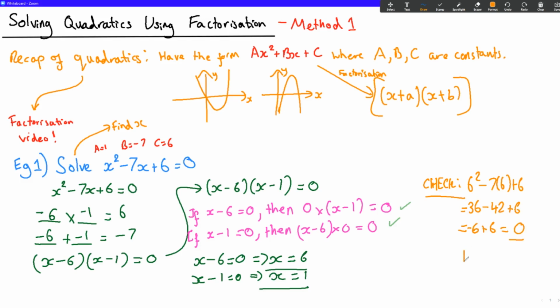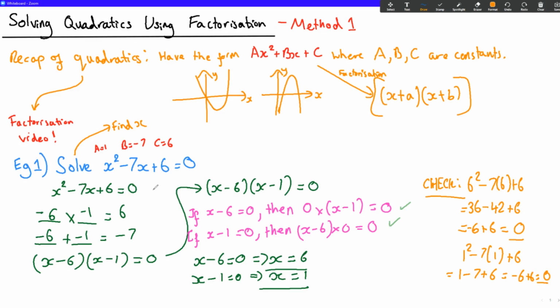Okay, now let's check 1. So I'm just substituting both of these values into this initial equation. So we get 1 minus 7 plus 6, which is, again, minus 6 plus 6, which is 0. So both of these give an answer to this, and that's a property of quadratics.